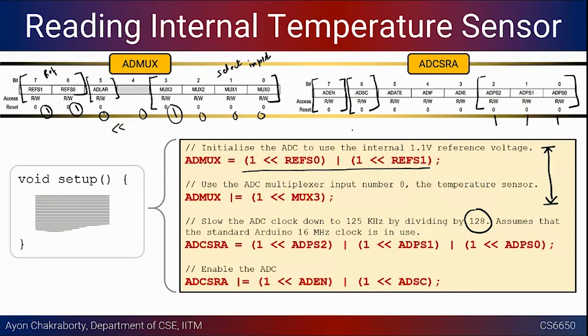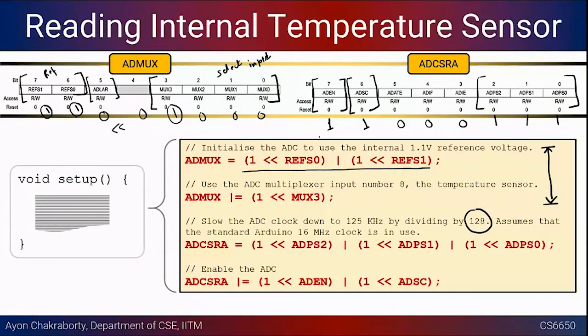So now after we have already put the value of the prescaler in the status register A, we have to enable the ADC. So that is basically turning on this bit, and then we basically order to start the conversion. So SC is the start conversion, and the rest we don't care about in this particular scenario. Okay.